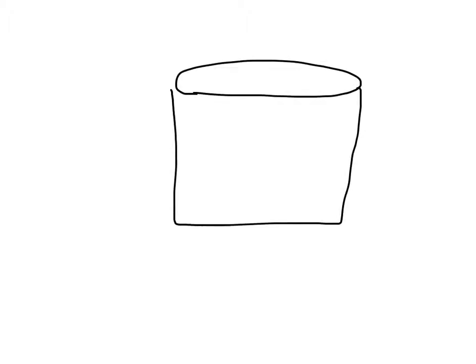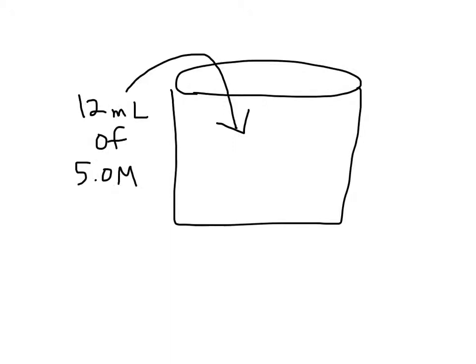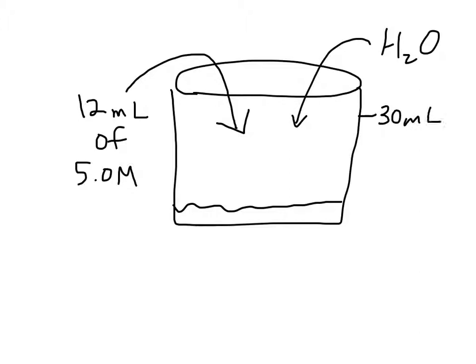So the way we would actually make this solution, if we needed to, is we would pour into a beaker or something else 12 milliliters of 5 molar solution. So that's going to be sitting down here. And then we would need to add water to that to dilute it. And remember, in the end, we wanted 30 milliliters.